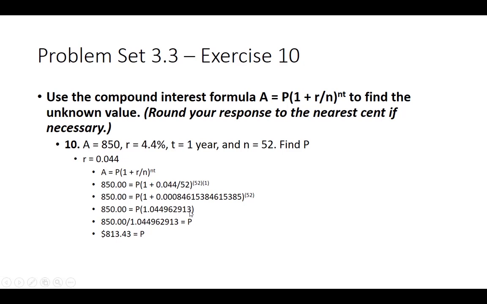Keep as many as you can. Either write it down or store it in the calculator. The next step is dividing both sides by that string to get P by itself. 850 divided by that string gives us $813.43 after rounding to the nearest cent.